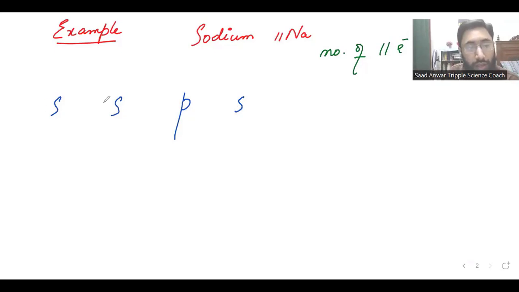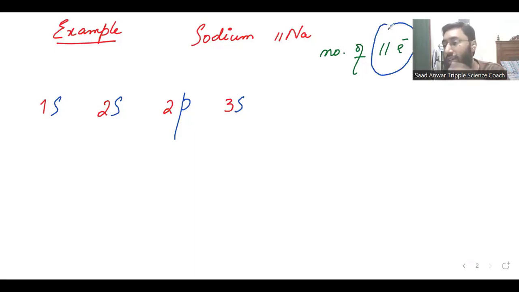This is 1s, this is 2s, this is 3s, and this is 2p. Now how many electrons do I have to arrange? For the sodium atom, I have to arrange 11 electrons.